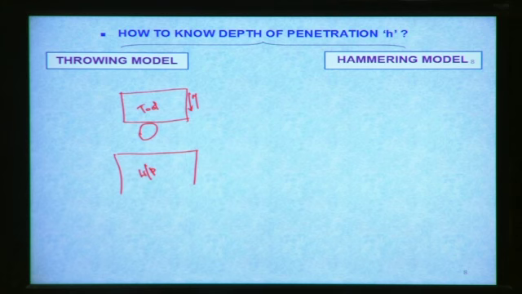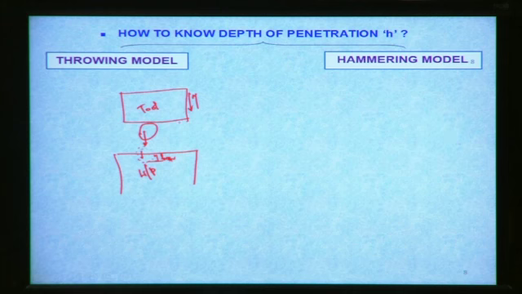Now this tool hits the abrasive particles. This abrasive particle is moved towards the workpiece surface, and it will impinge or impact into the workpiece surface and generate this much depth. This depth is called the depth due to the throwing model.